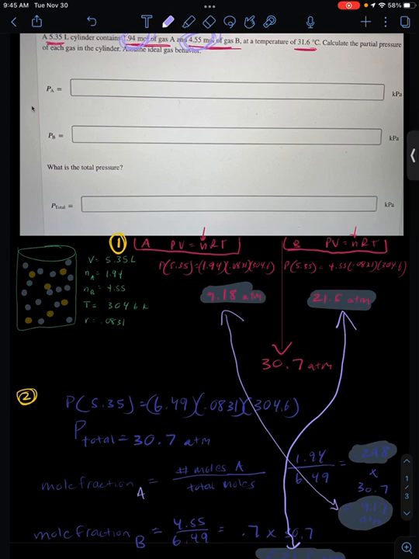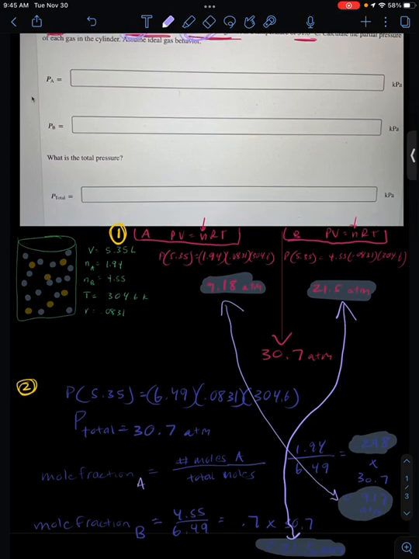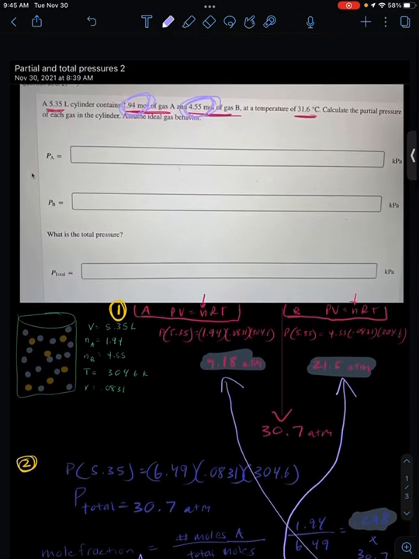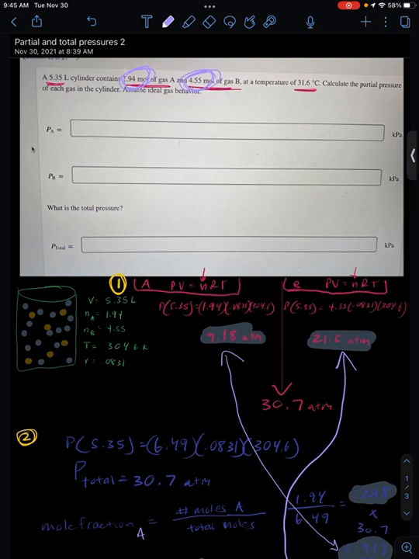So the last part of it, you're just converting atmospheres to kilopascals, and I'm just going to convert it with the computer. So 9.18 atmospheres would give you, and this is for A, 930.16 kilopascals.